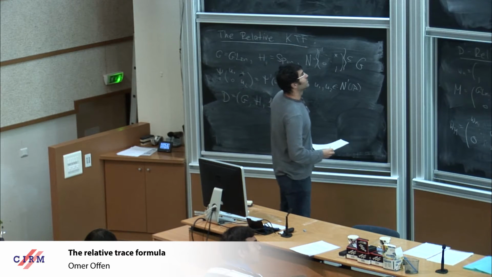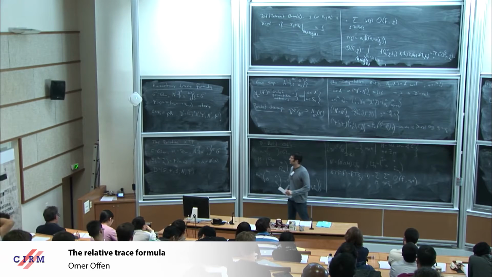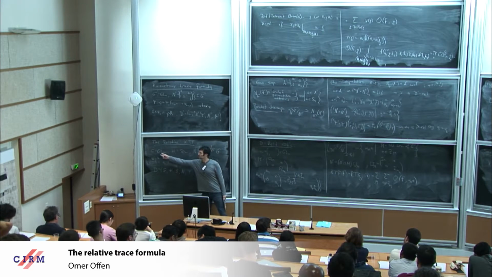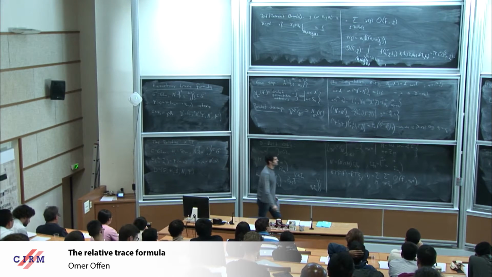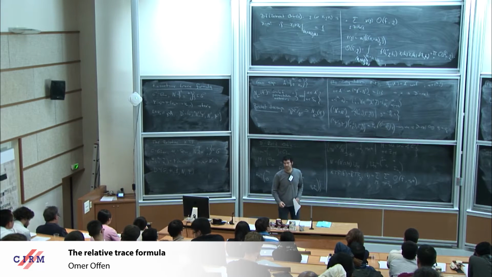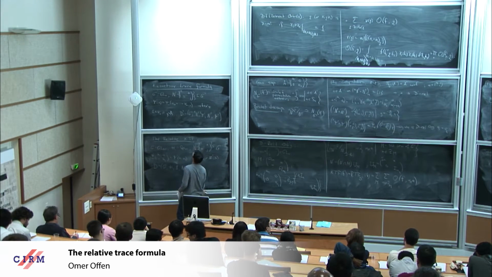So as we have seen in the local analysis, when we have the symmetric space G mod H, it is sometimes easier to think of its embedding into G. So this is the symmetric space X that I was talking about in the local case.